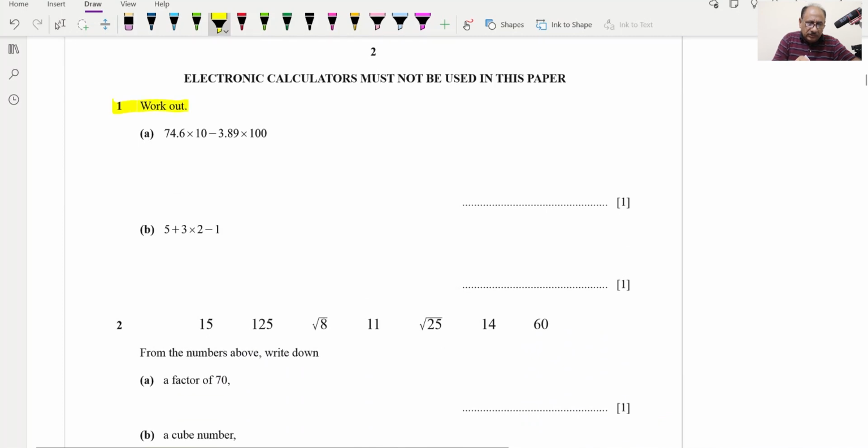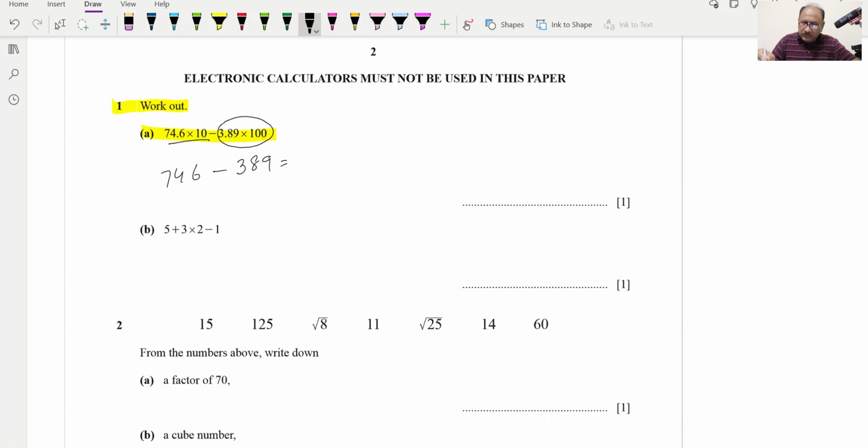Question number 1 says work out. This one we have to follow the sequence. Basically multiplication should be first, so we can multiply these two and it will be 746, and minus, if we multiply this section, we will be moving the decimal to the right, so it will be 389, two digits to the right.